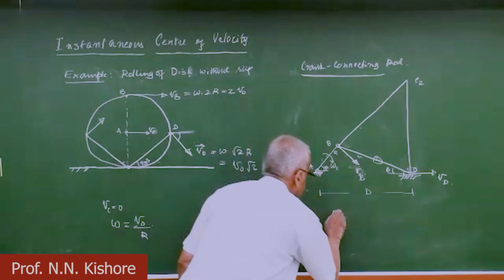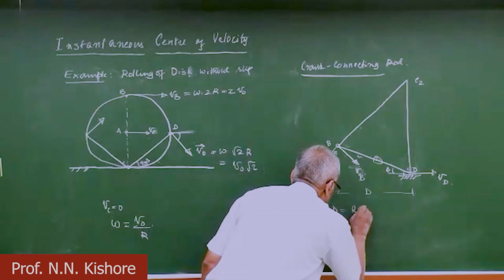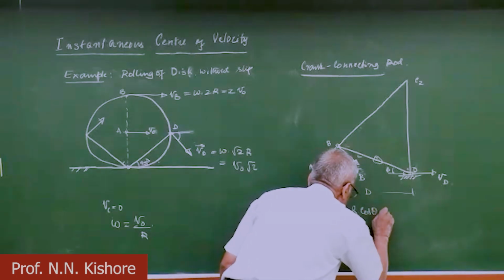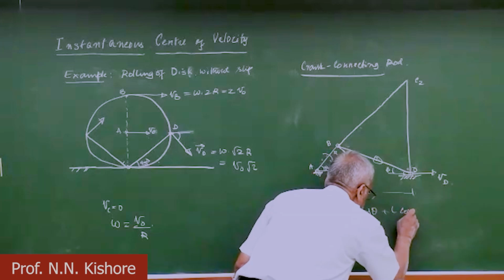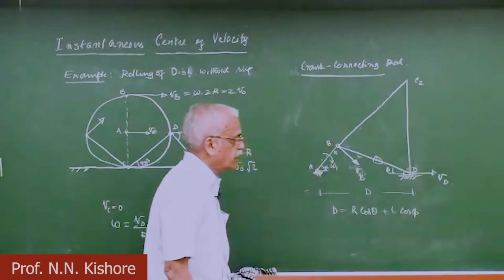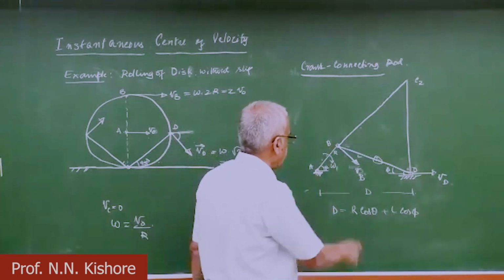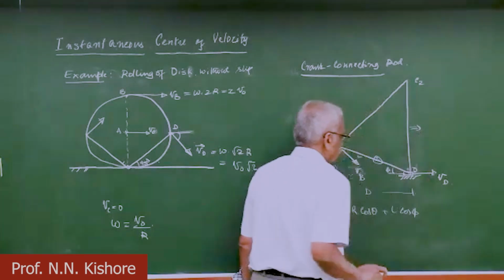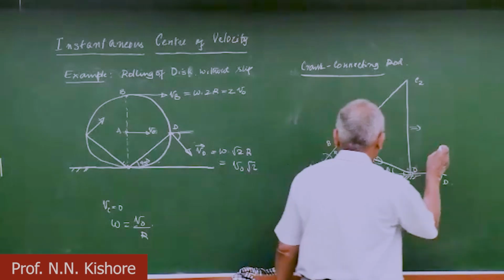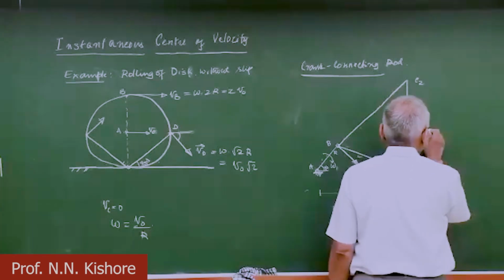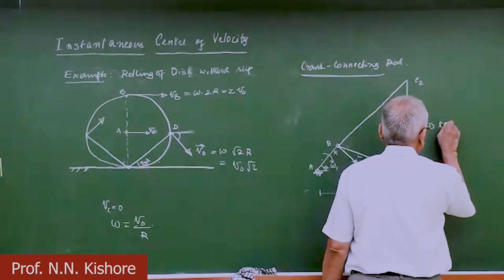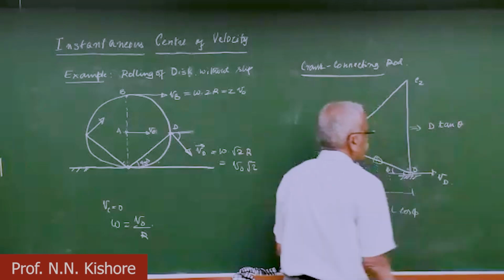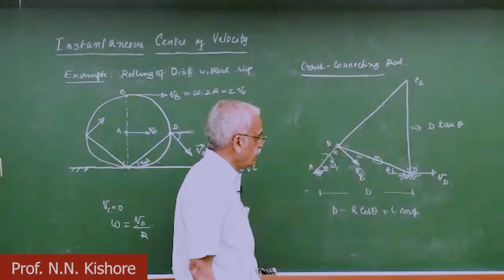It is nothing but R cos theta plus L cos phi. If that is the case, then what is the distance C to D? It is equal to D tan theta. So this is D tan theta, right?